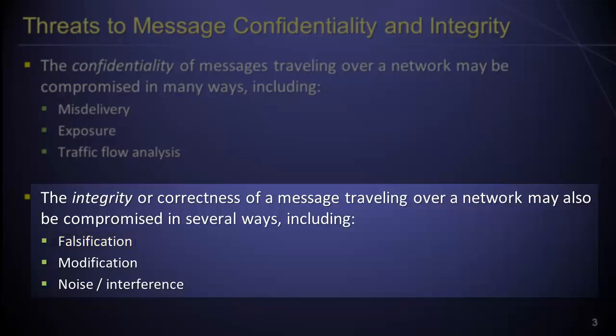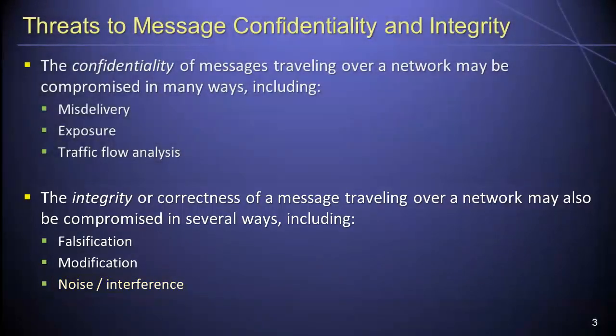A similar threat exists with respect to the malicious modification of a message while it is in transit. Finally, messages that are transmitted through network connections are susceptible to both natural and artificial noise or interference, and such interference might delay or impede message delivery.